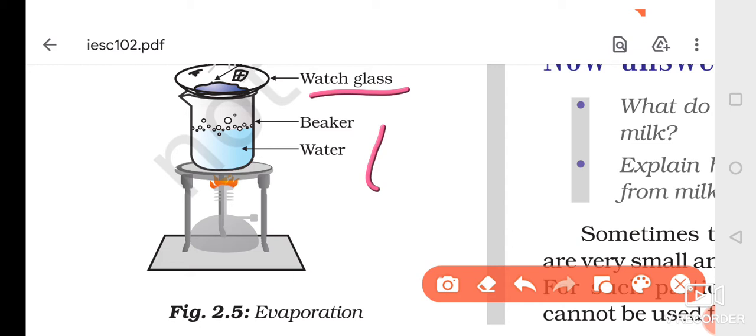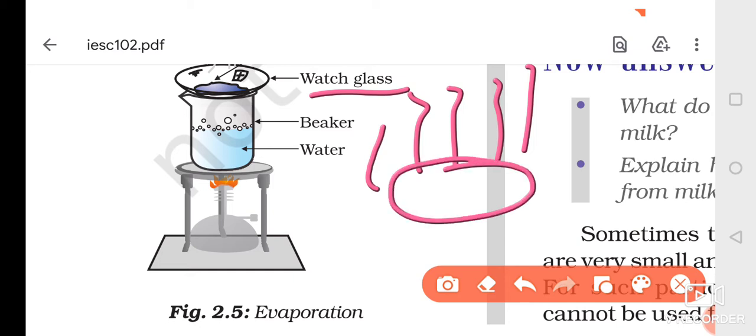After some time what I will observe is that the water, which is volatile, will start evaporating, and in the watch glass I will have my solid dye. The solid dye will be separated and the water will evaporate. So this is how the evaporation technique works.